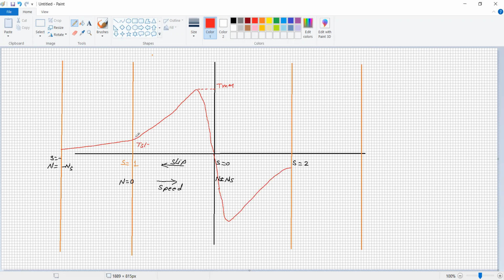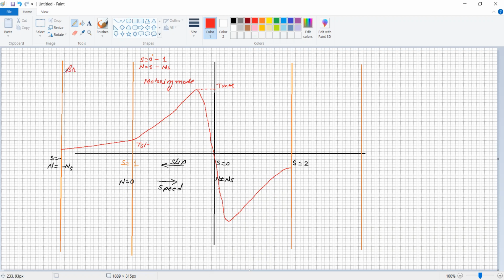So this region where the slip is from 0 to 1, and speed is from 0 to synchronous speed, is called the motoring mode. Whereas this is called the braking mode.